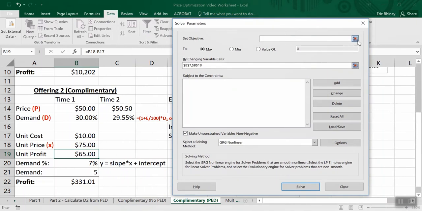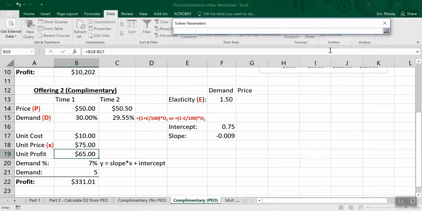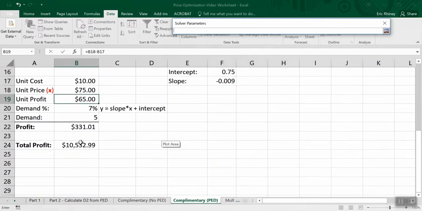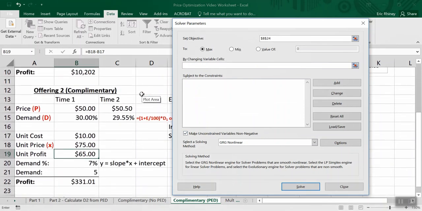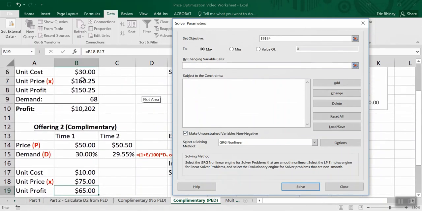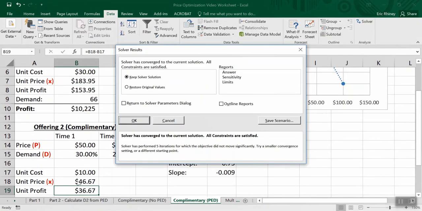All right, so we are going to again look at the total profit, so the profit of both of our offerings. I'm going to delete this out just to make sure it's in here correctly, and we want the price of our first one and the price of our second one in here.